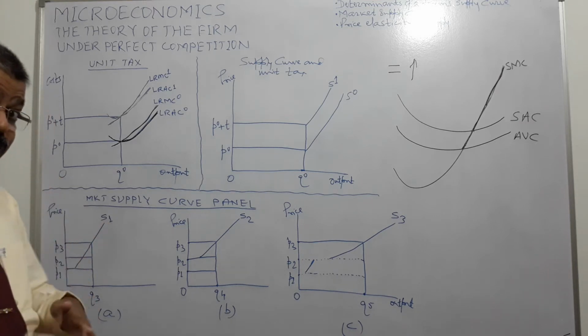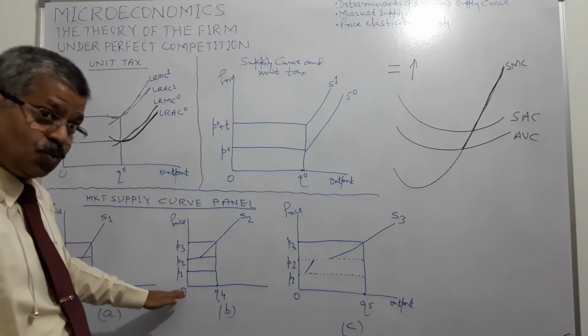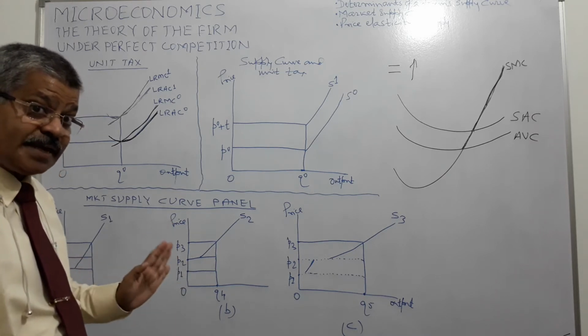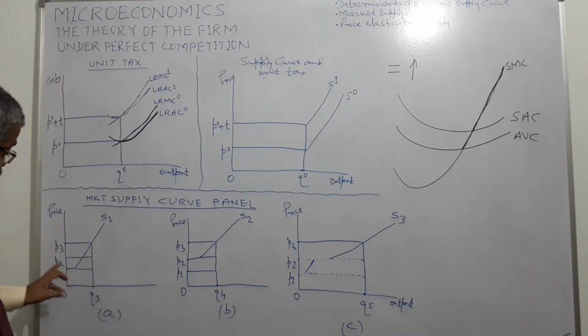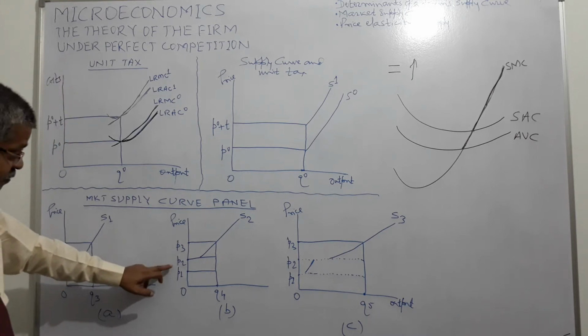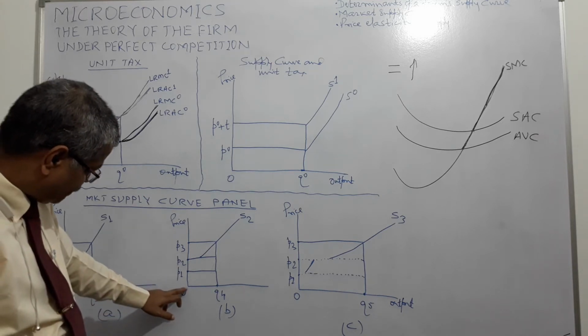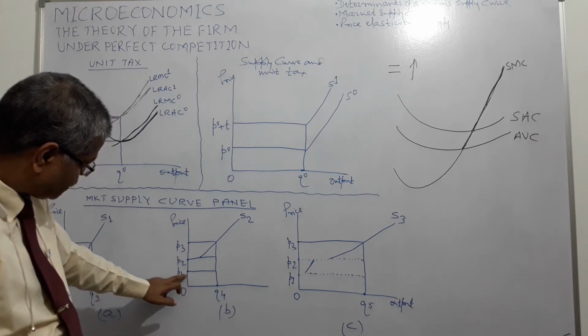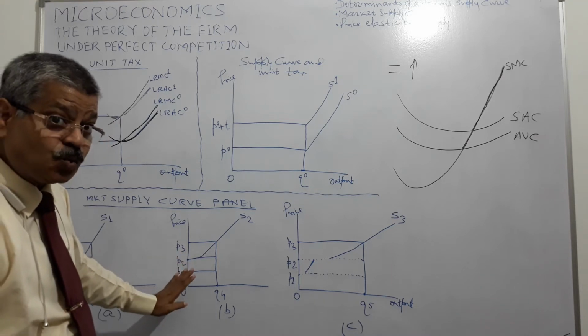Now let us take unit 2. It says, below P2, I will not supply anything. And we have assumed that P2 is more than P1. So from O to P1 and P1 to P2, O to P2, there is no supply by unit 2.